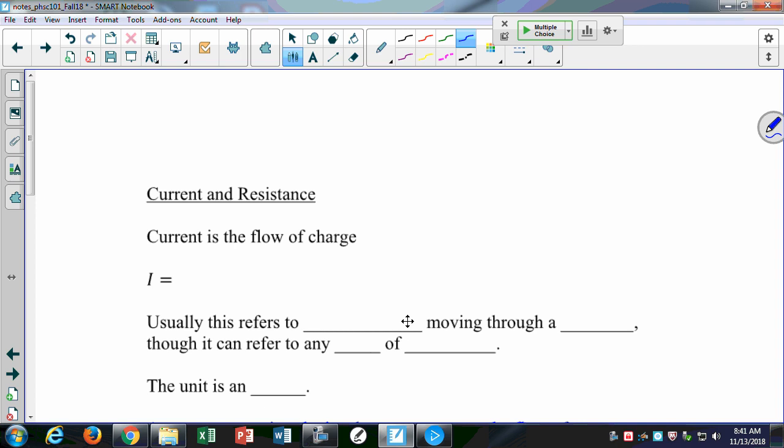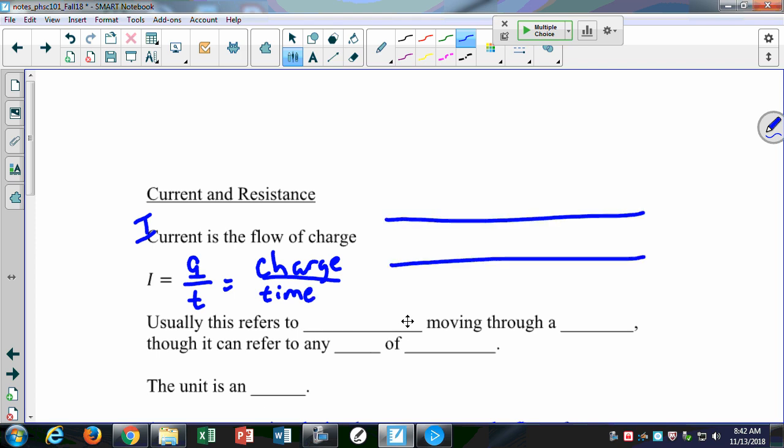All right, current is the flow of charge, and we'll use the letter I. I is going to equal Q divided by T. That is a charge per unit time. When we have a pipe, we'll think of current like charges that are moving along through that pipe.